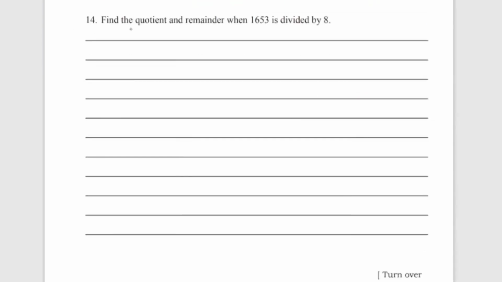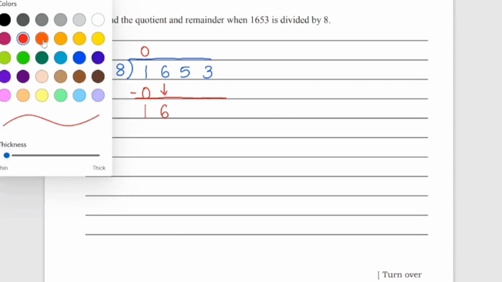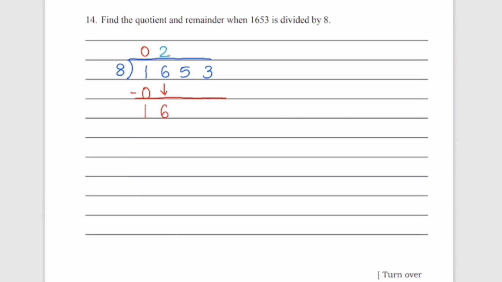The next question: find the quotient and remainder when 1653 is divided by 8. So let us write 1653, with enough space between the digits so that it is aligned properly, divided by 8. Starting with the first digit, 8 times 0 is 0, 1 minus 0 is 1, bringing down 6, we get 16 together. 8 2s are 16, 6 minus 6 is 0, 1 minus 1 is also 0, bring down 5.